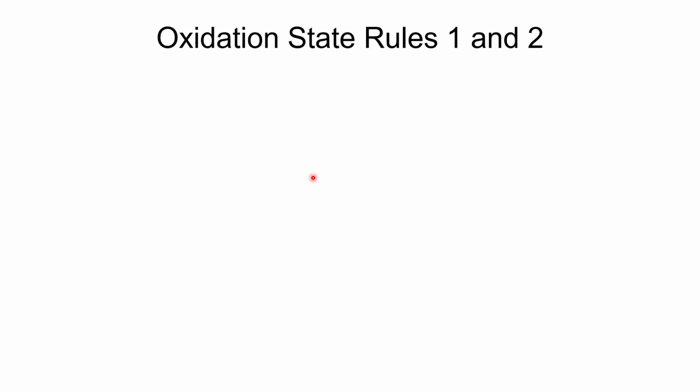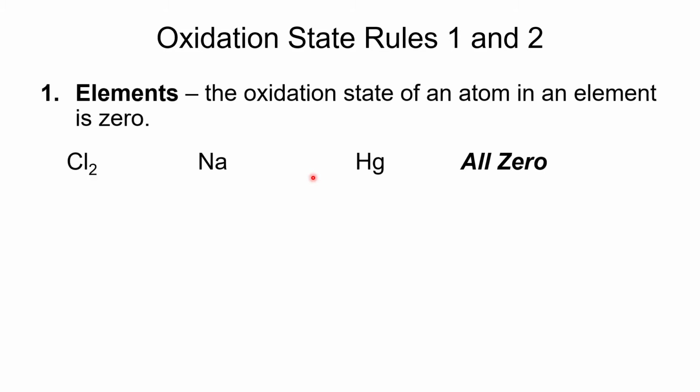The first rule is if you have an element that's not bonded to anything else and doesn't have a charge on it, then that element has an oxidation state of 0. So elements that have a neutral charge have an oxidation state of 0.